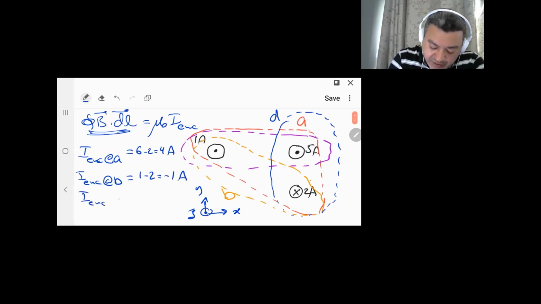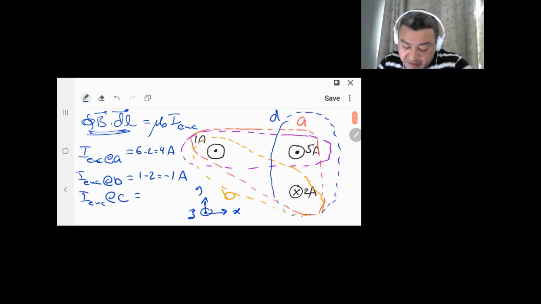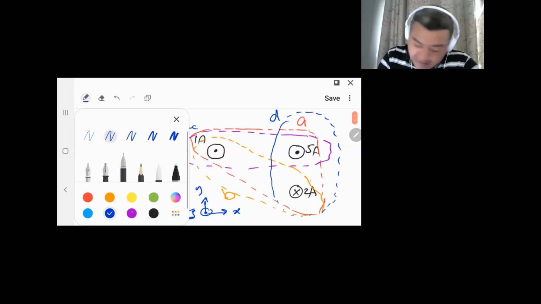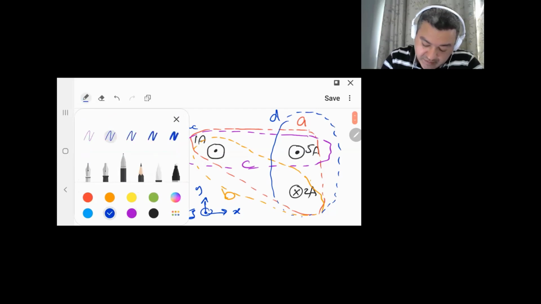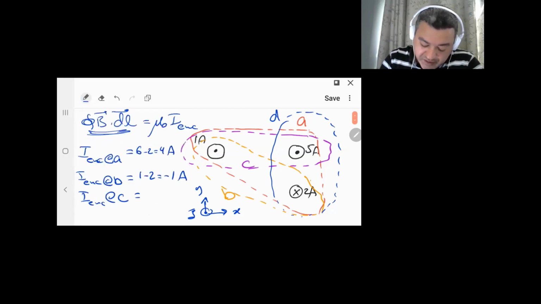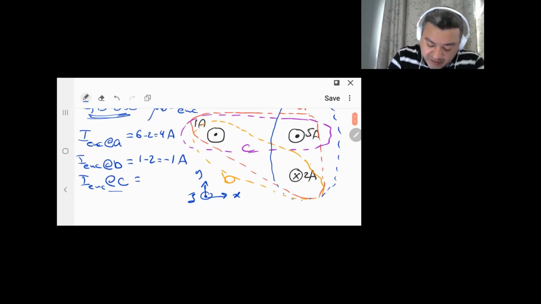I enclosed at C equals to, where is C? C is this. So if I am to calculate at C, C is having 1 ampere up and 5 ampere up. 1 plus 5 equals to 6 ampere.